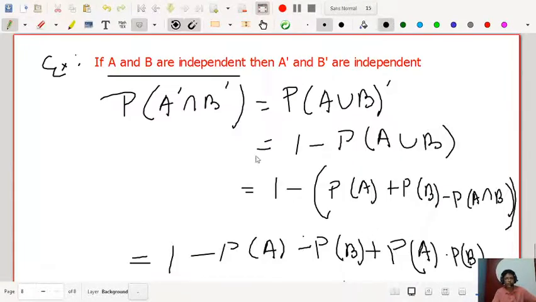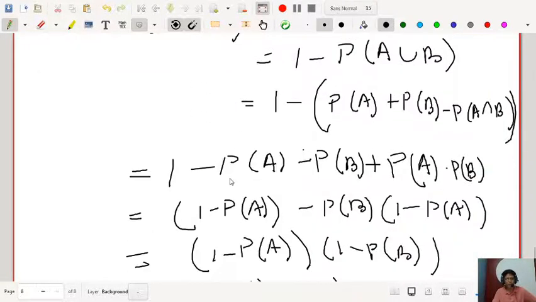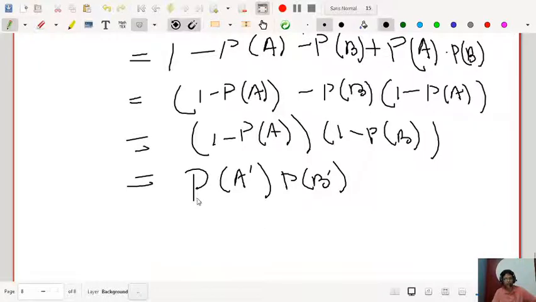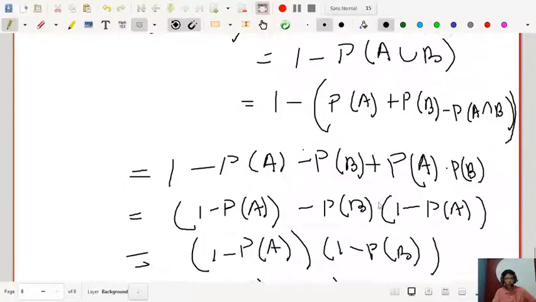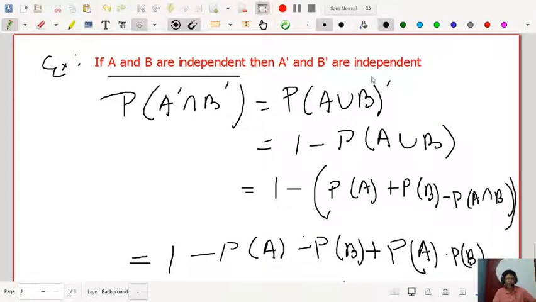So you have started with A complement intersection B complement and proved that it is equal to probability of A complement into probability of B complement. So A complement and B complement are independent with the assumption that A and B are independent.